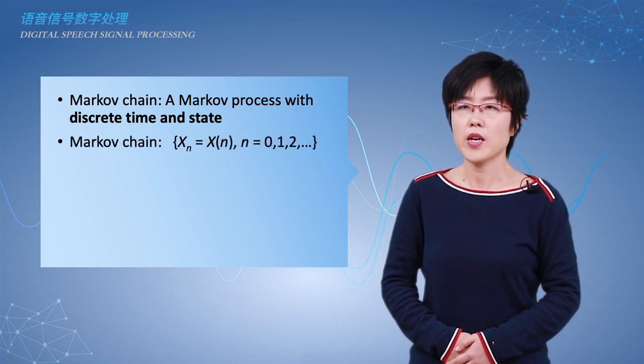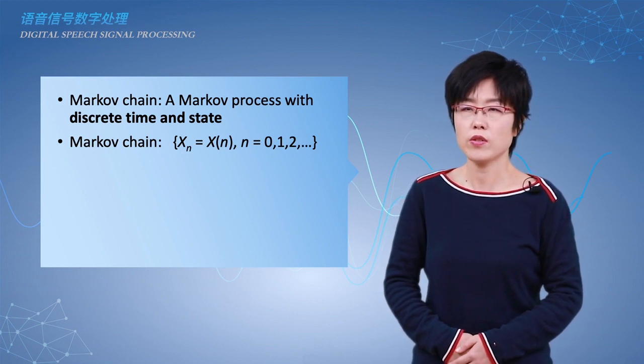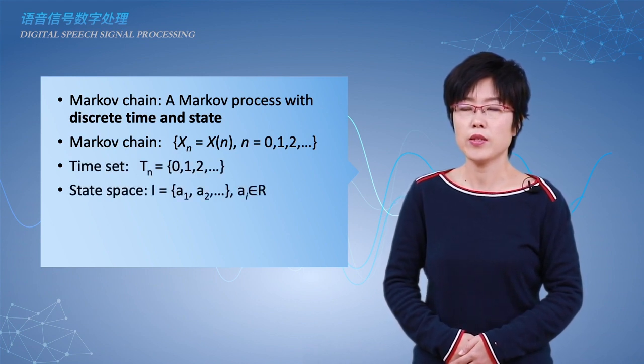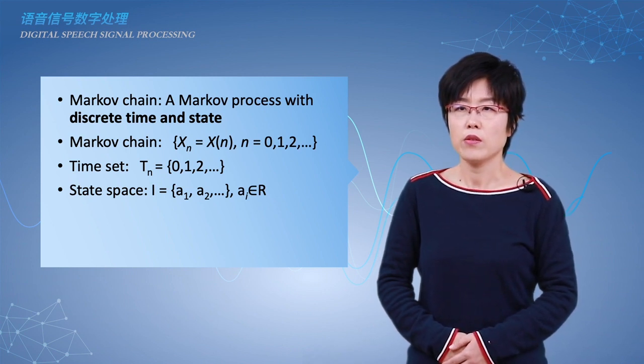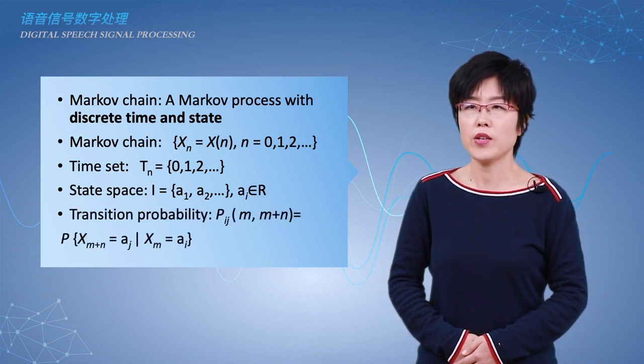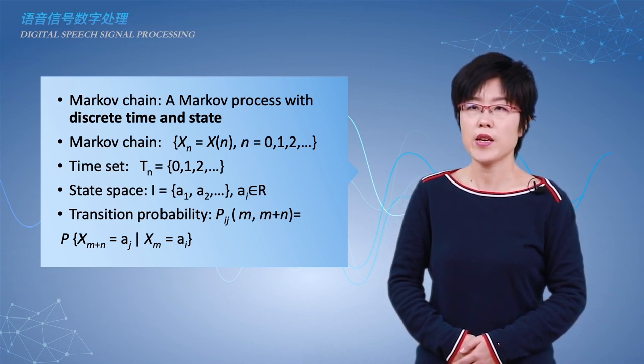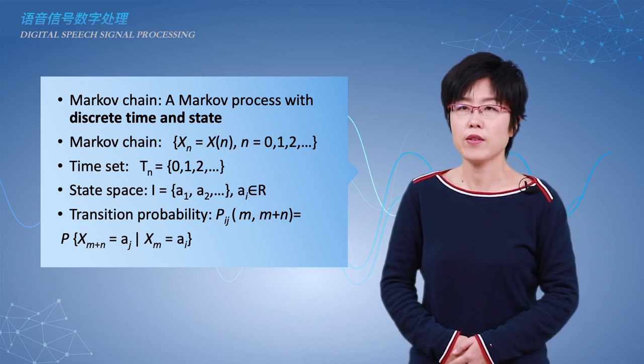A Markov chain can be represented with a series of discrete states Xn, which are the results of observing the discrete states in the discrete time set. The state space of the Markov chain is written as I. The conditional probability Pij is the transition probability of the state Aj at time m plus n when the Markov chain is in the state Ai at time m.